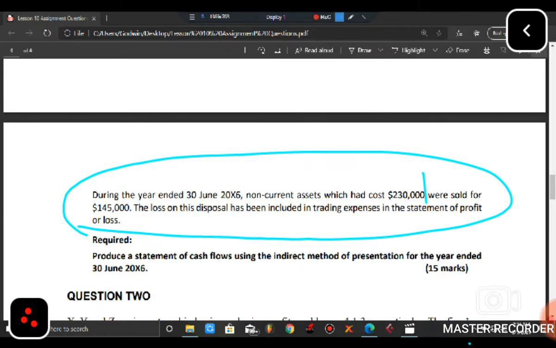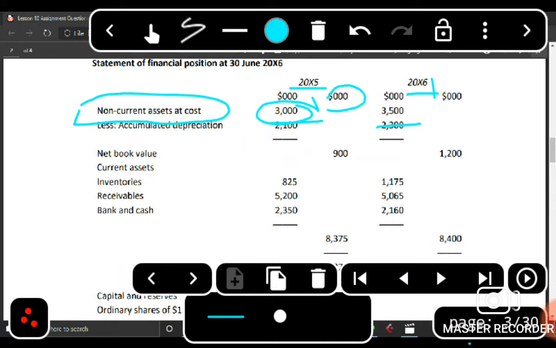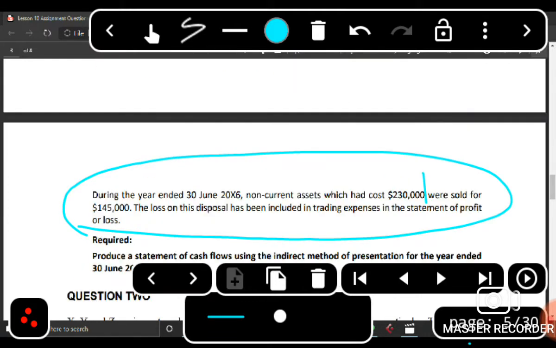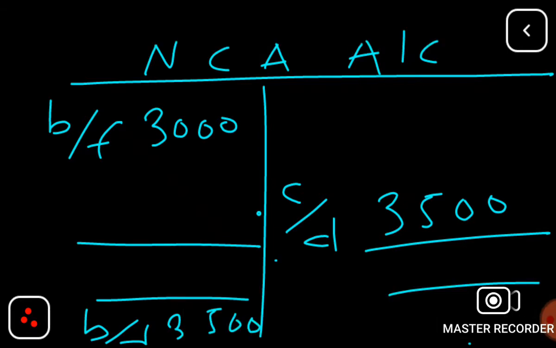A non-current asset which had cost 230,000 was sold. So these zeros we're going to do away with them, because even in the question, if you check very well, they did remove the zeros. So we're going to record 230. Now we sold this asset. Because we sold this asset, we're going to write dispose on the credit side to show that we've sold this asset at 230.